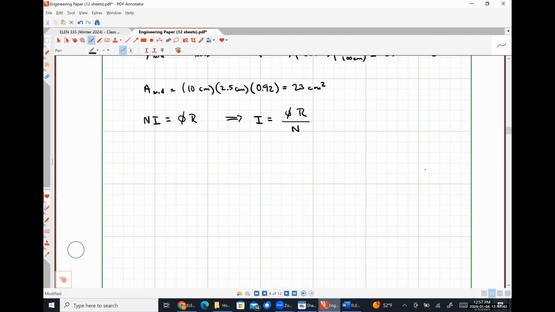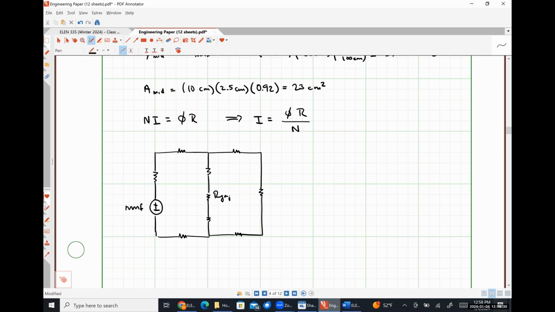All right, let me draw my magnetic circuit. So I believe my magnetic circuit is going to look something like this.